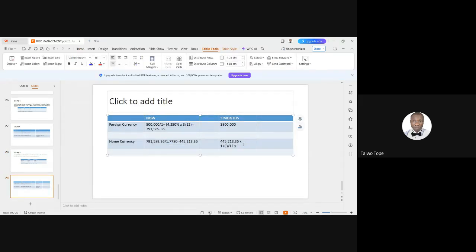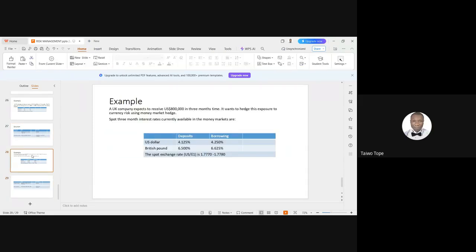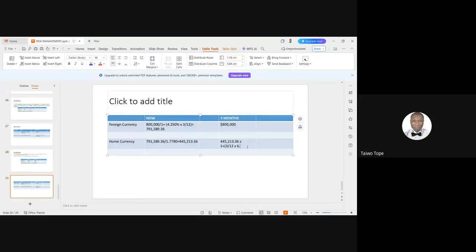So the result will be what? Multiply by 3, divide by 12. I have 438,094.33. So this should be 6.5%. Once you simplify this, it should result into what?